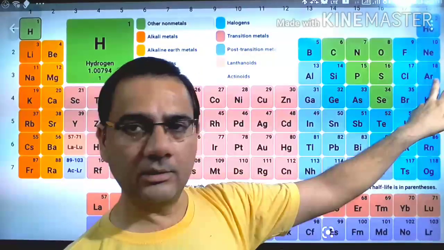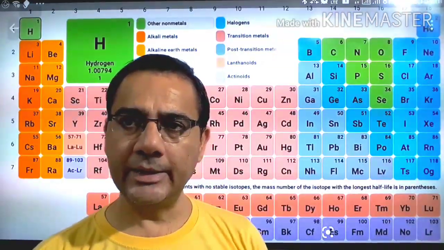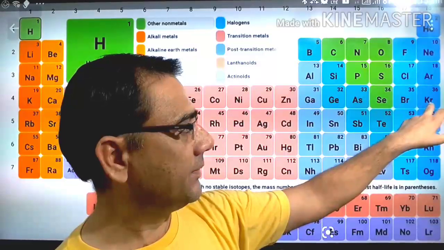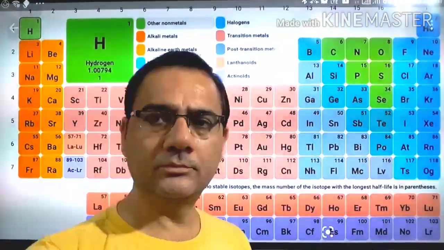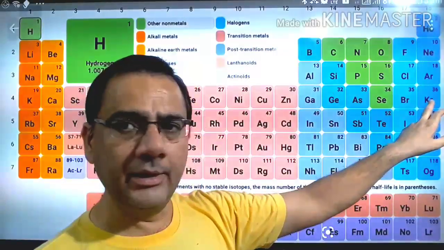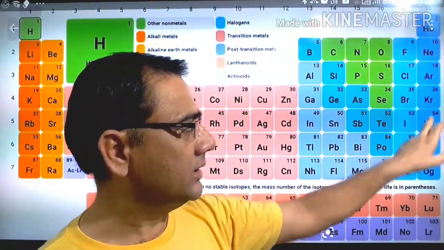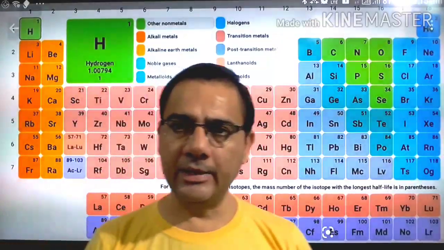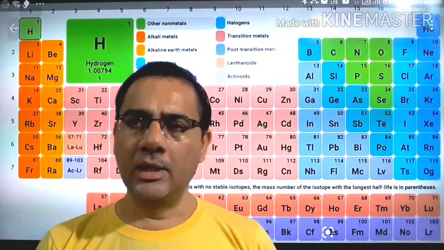Then argon, atomic number 18, configuration 2, 8, 8. Then krypton, that is 36, and if we write, 2, 8, 18, 8. In the same way, xenon and radon also have 8 electrons in the outermost shell or in the valence shell.